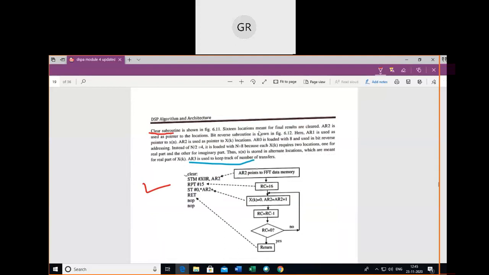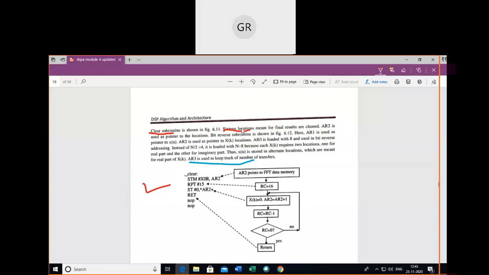See here, 16 locations for the final results are cleared. AR2 is used as a pointer to the locations. See here, why 16 locations? Because here there are 8 outputs, and each output consists of a real value and an imaginary value.